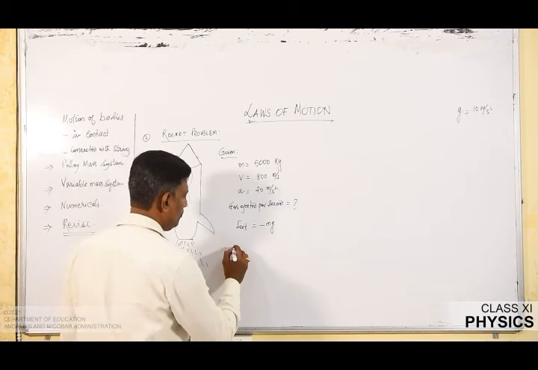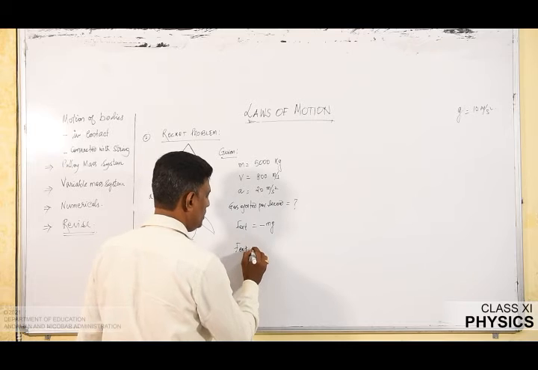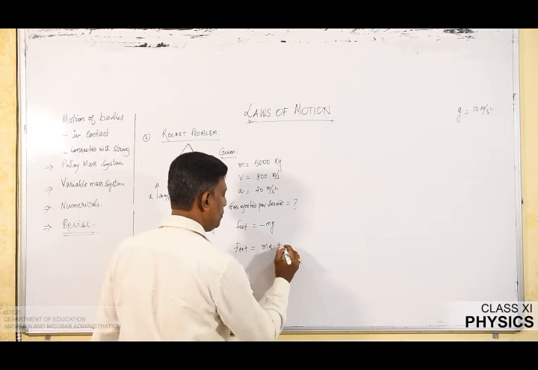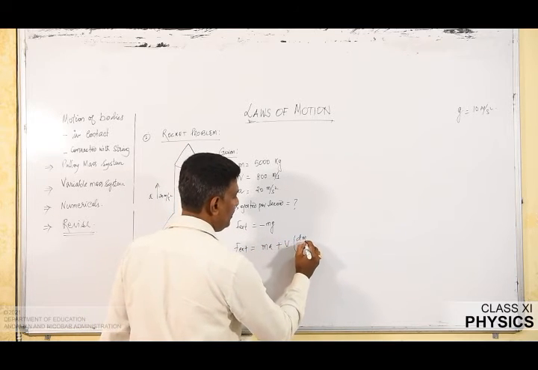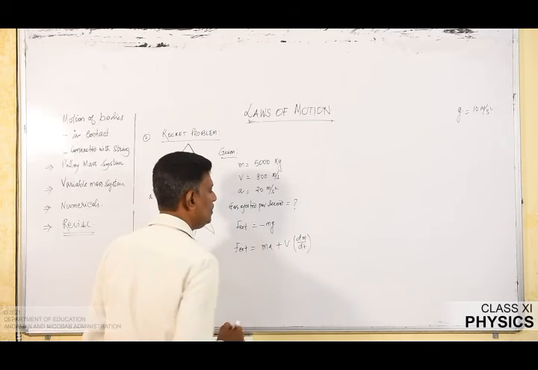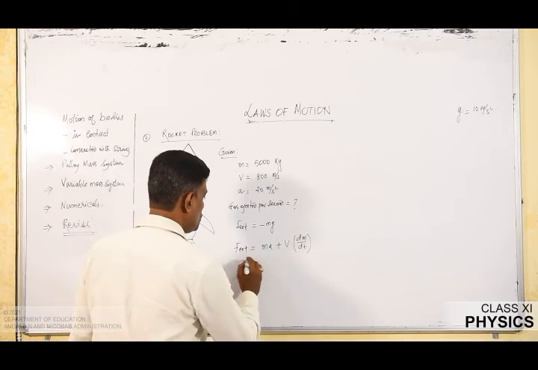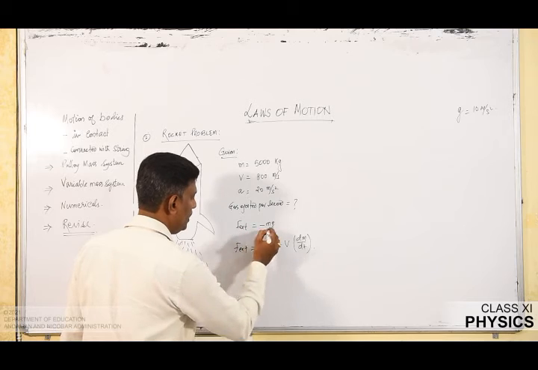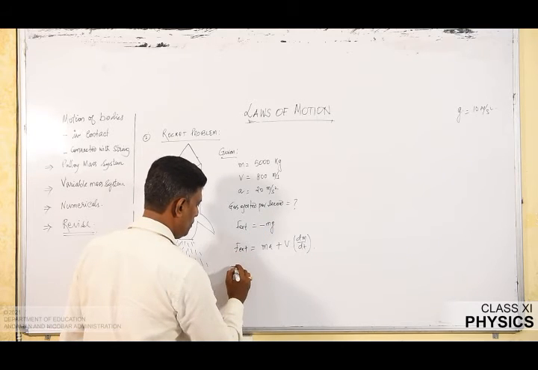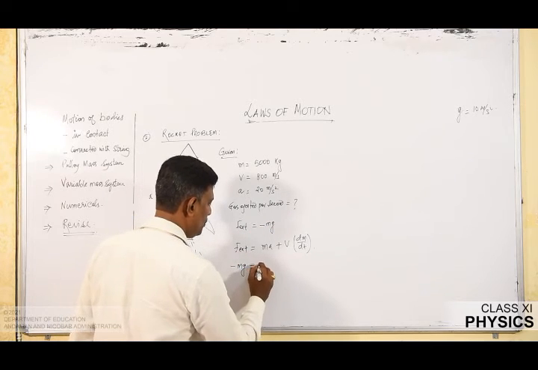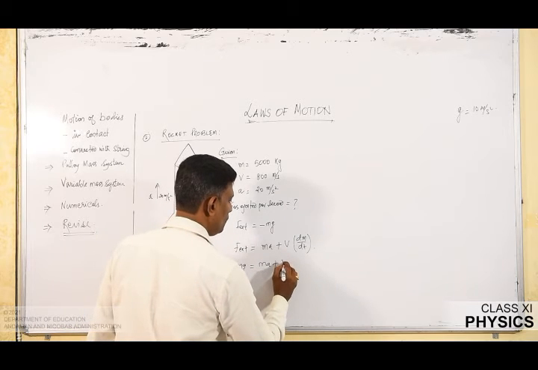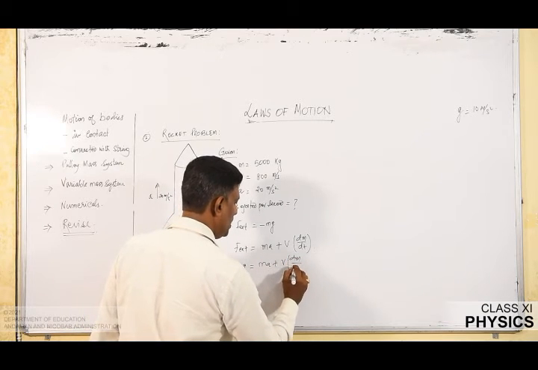We know the formula, F external is equal to ma plus V dm by dt. So, in place of F external, minus mg equal to ma plus V dm by dt.